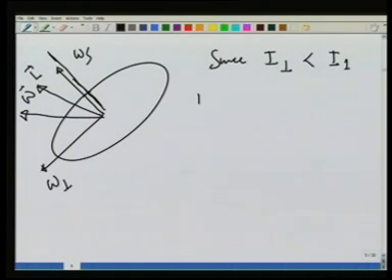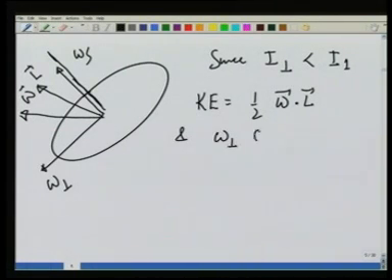Further, since the kinetic energy is 1/2 omega dot L, and we have already seen from Euler's equations that omega perpendicular and omega spin are of constant magnitude.